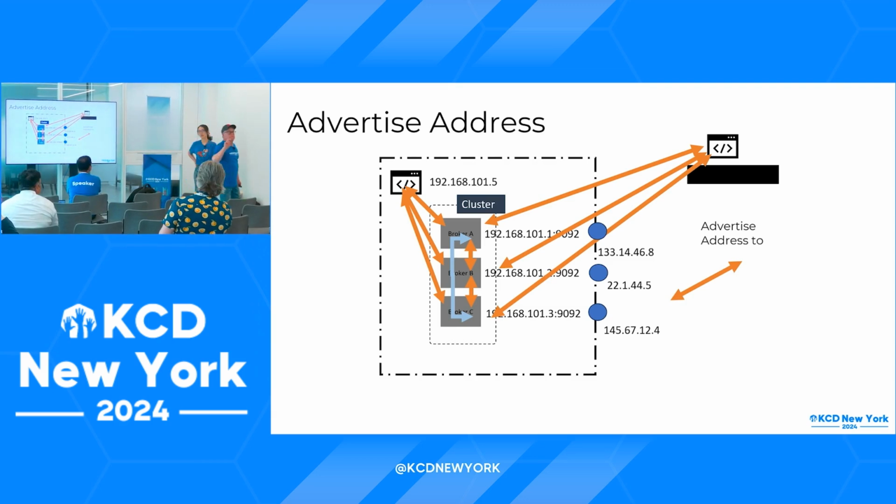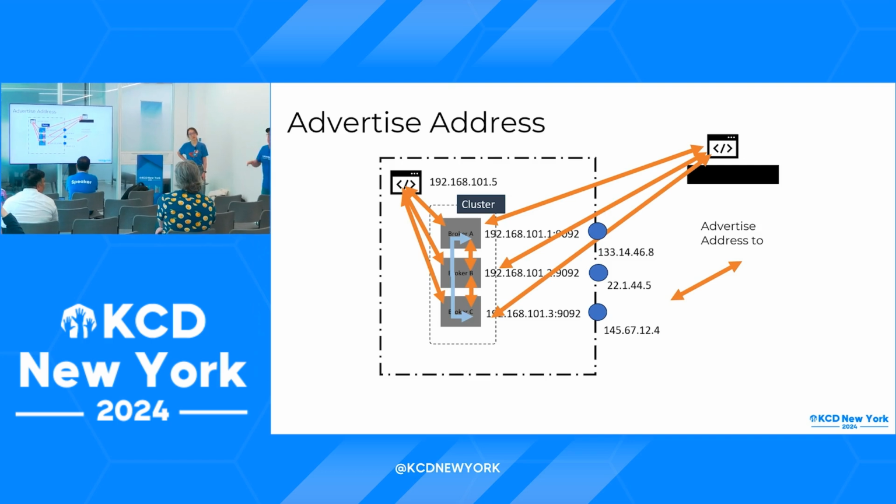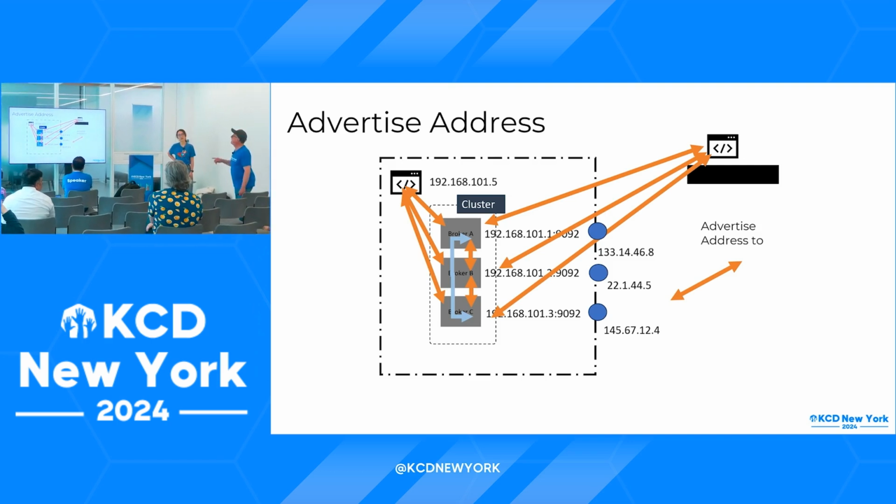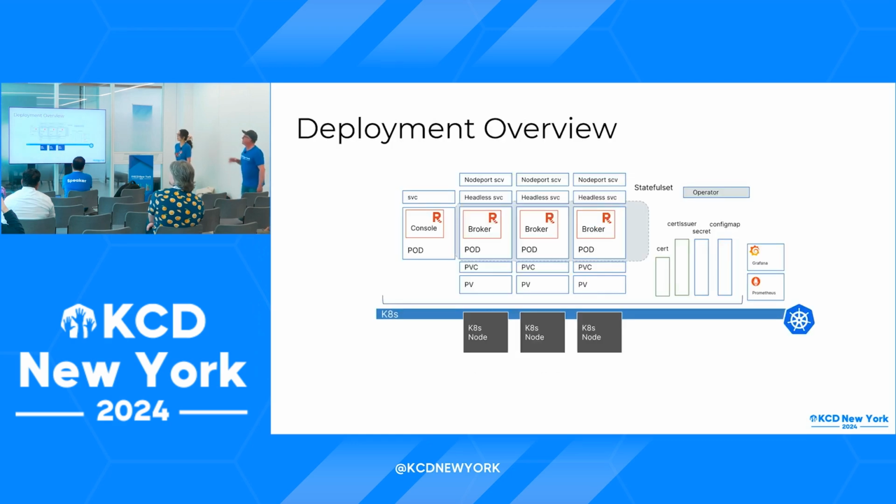Now, all Kafka implementations, including Red Panda, allow you to have multiple sets of these addresses. So you can have an internal one, like the cluster IPs, such as 192.168.101.123. You can have a second set that are the external IPs. I'm giving you this to get a general idea of how you get throughput through these things.